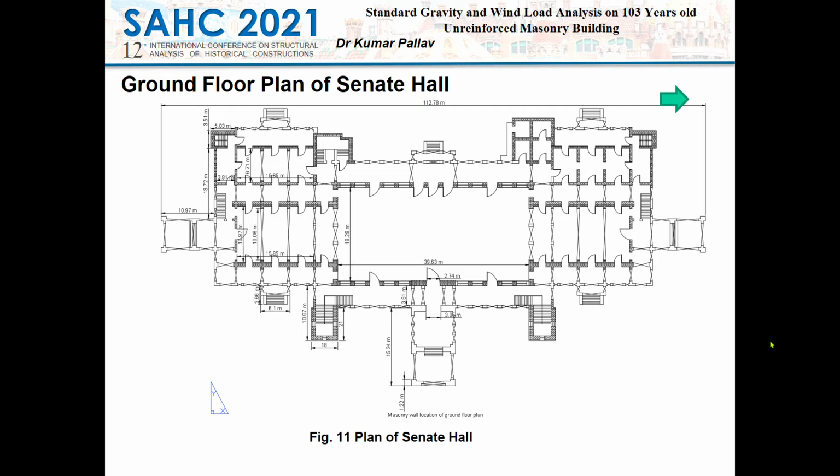So it's quite a big building, which has 3 floors, and the internal hall is quite big, approximately 40 meters by 18.3 meters in width. This hall is used for various cultural and other programs in the Senate Hall building. This is quite an important building for administrative work for Allahabad University.